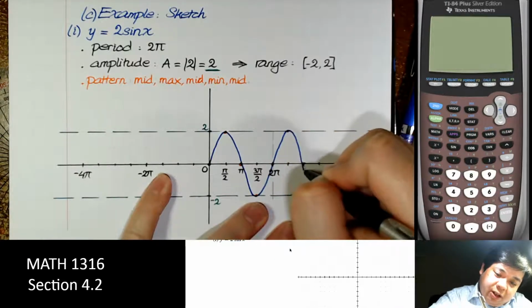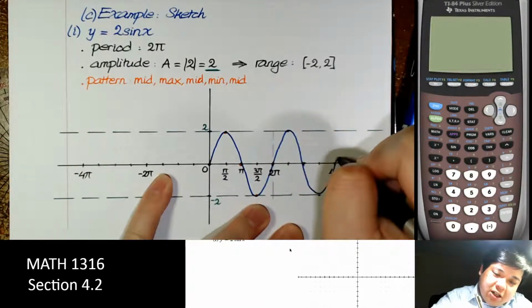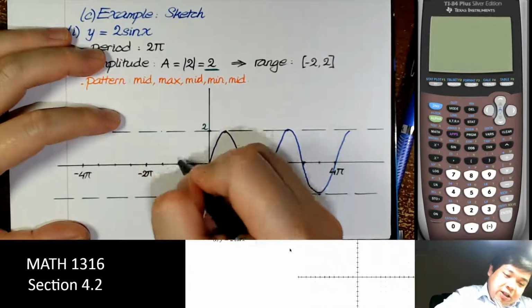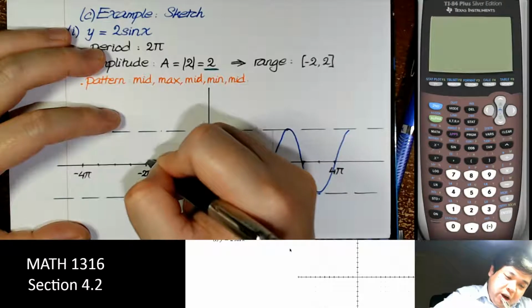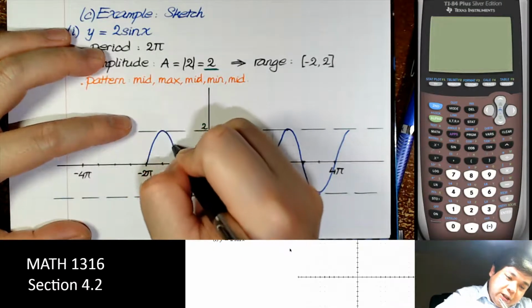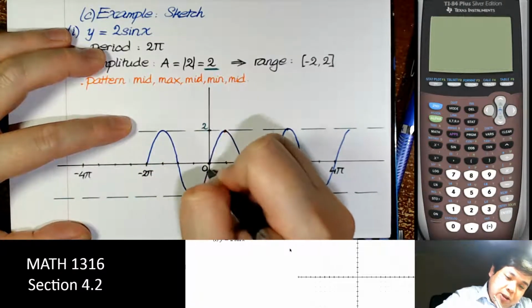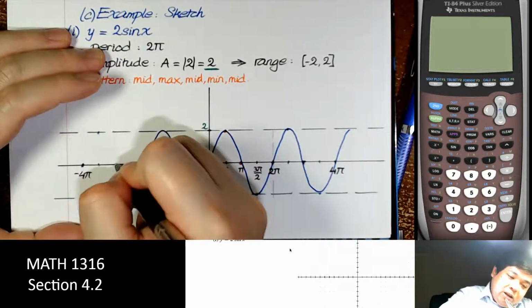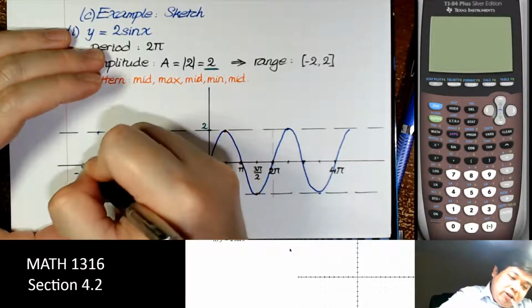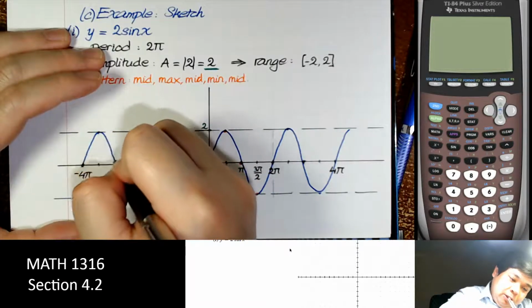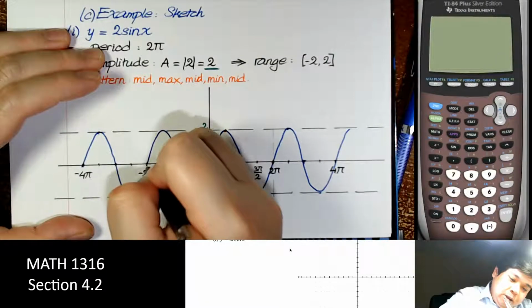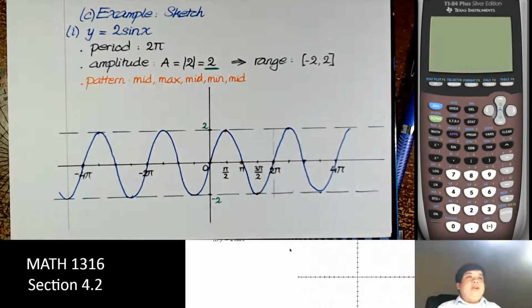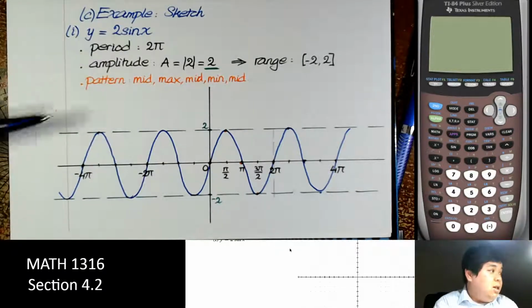So the graph of 2 sin x is pretty much just like this, and just keep copy and paste throughout, for every 2 pi. So that is the graph of 2 sin x.